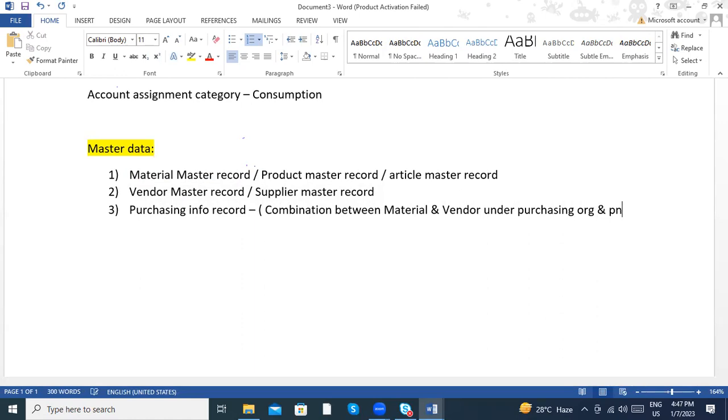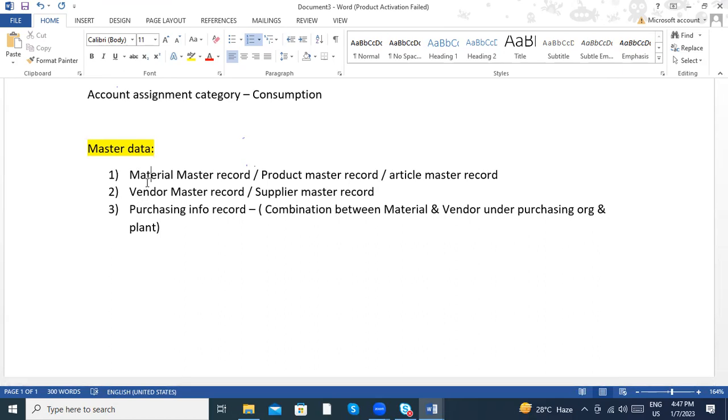So here, what will happen is, suppose I have multiple materials. Let's say I have a Samsung mobile. When I'm planning to buy this Samsung mobile, I can see that in the market there are 10 suppliers. The same product can be supplied by 10 vendors, right?